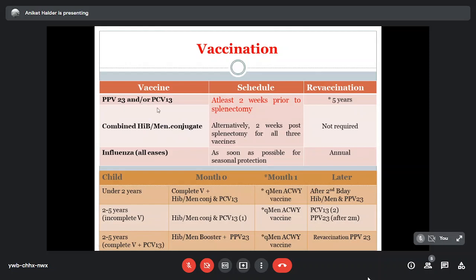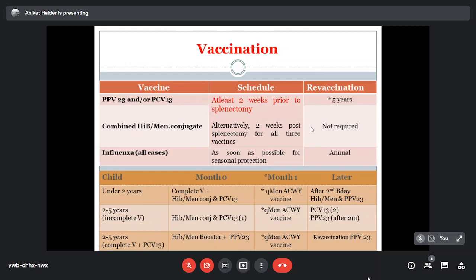So, vaccination against pneumococcus, that can be the pneumococcal polysaccharide vaccine 23, that is PPV 23, or the conjugate vaccine 13, along with the combined Haemophilus meningococcal conjugate vaccine, should be given at least 2 weeks prior to splenectomy to mount an immune response against these organisms by the spleen. And after 2 weeks, splenectomy should be done.